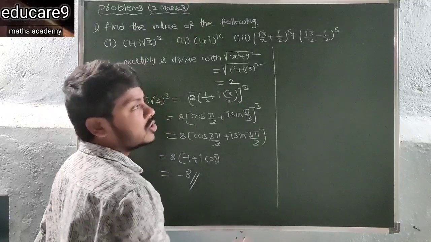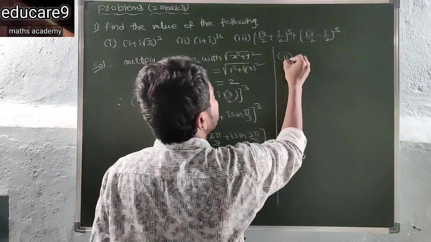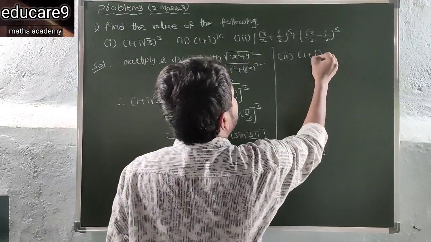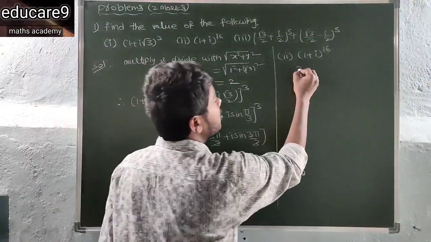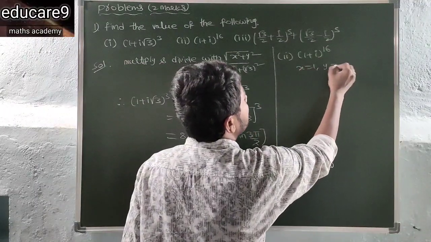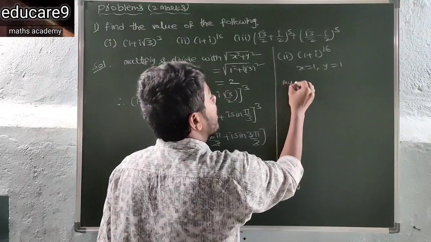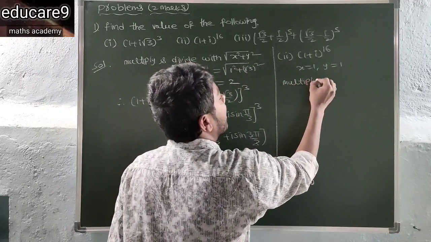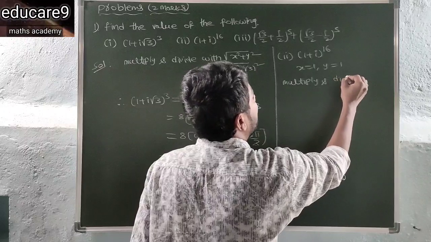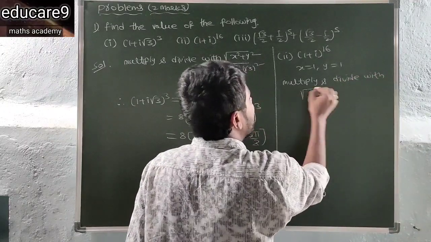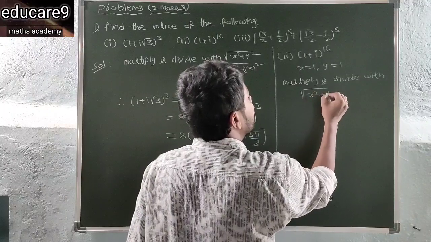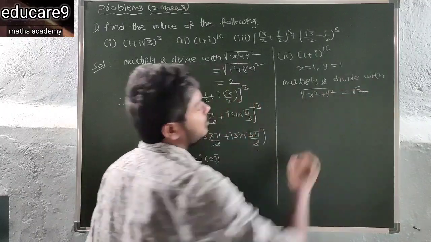And see the second solution. (1 plus i) whole to the power of 16. So clearly x is equal to 1 and y is equal to 1. Multiply and divide with square root of x square plus y square, that is square root of 2.